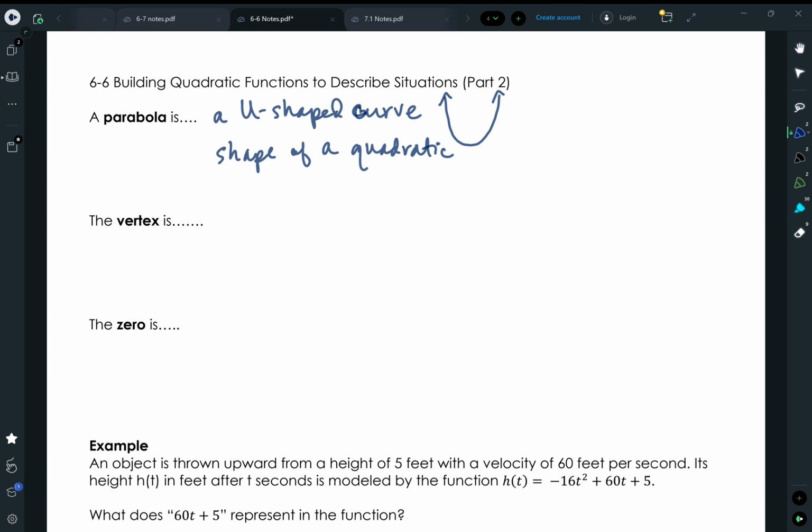The vertex is the point where the curve changes direction. It is also the max or min.